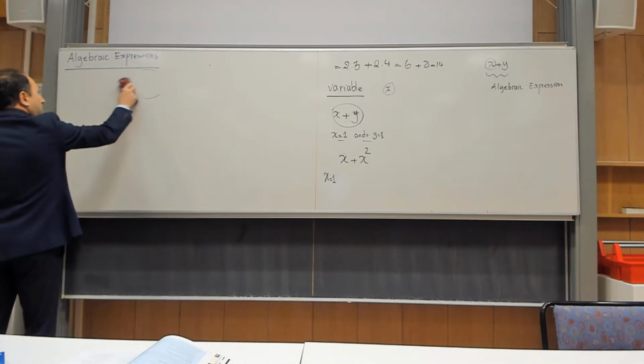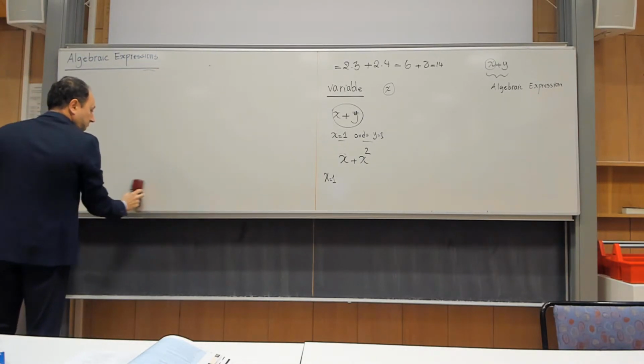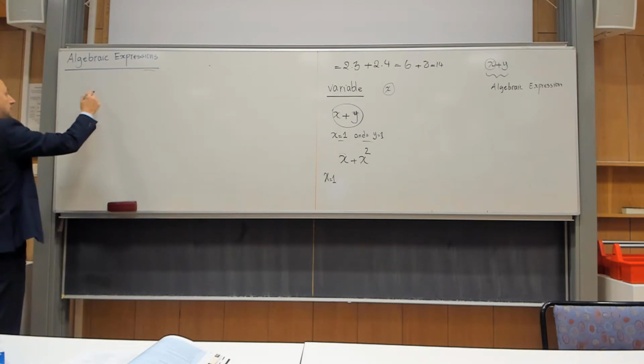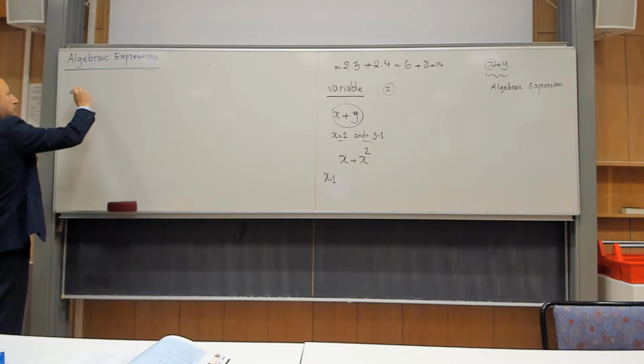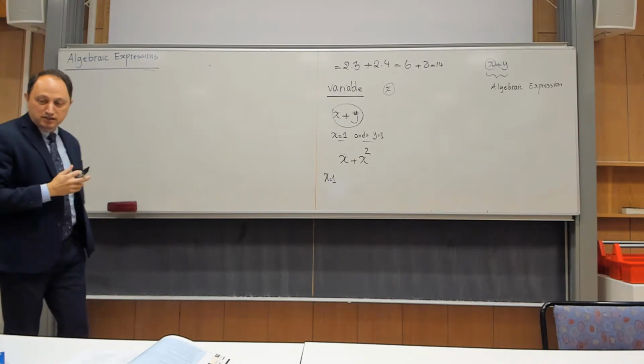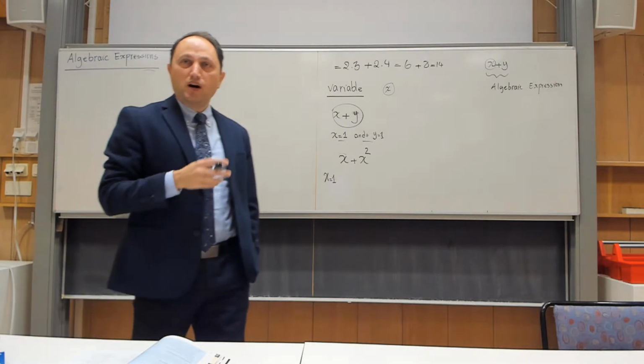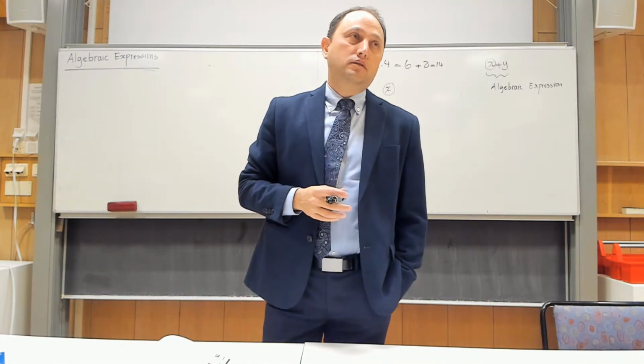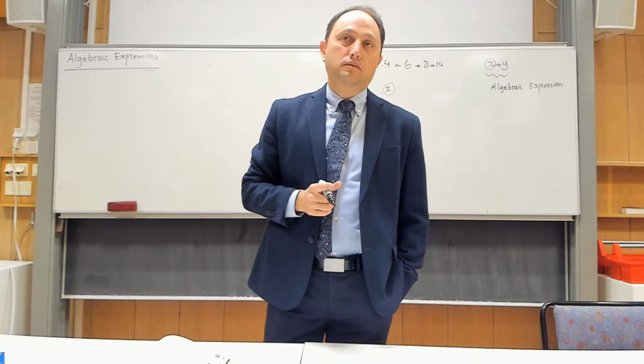Okay, and then the problem is this. Here, if I ask you to write commutativity, by the way, what is the good point about algebra? Why should we bother to work with letters instead of numbers? Yes?